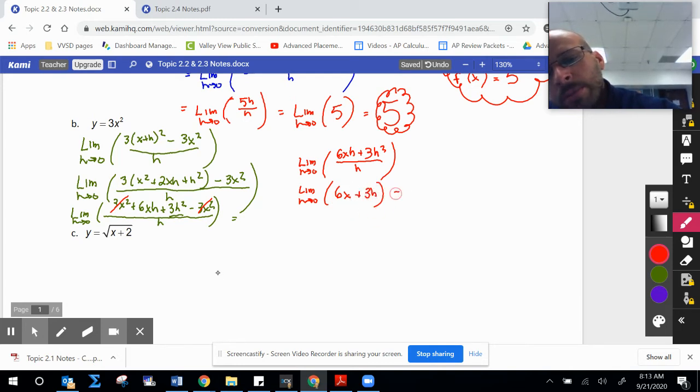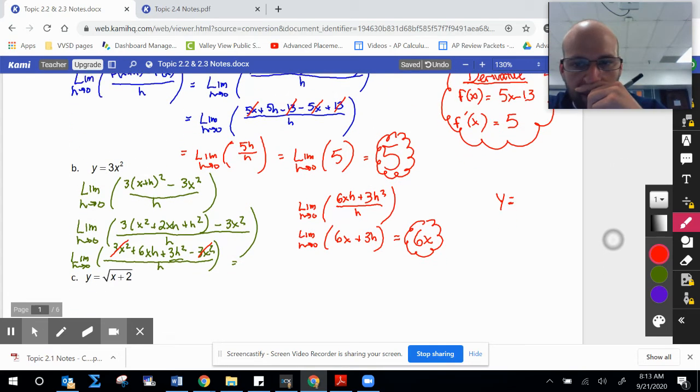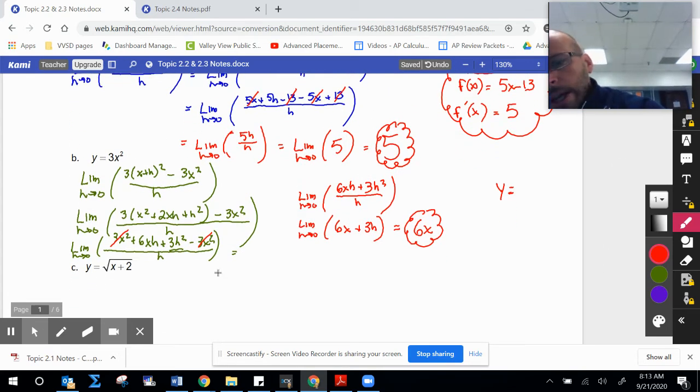And if you do a direct substitution with your h, we just get 6x. Now, our original function was y equals. So if I know I have y equals 3x squared, then I can say that y prime is 6x.